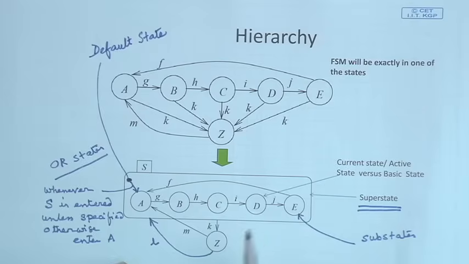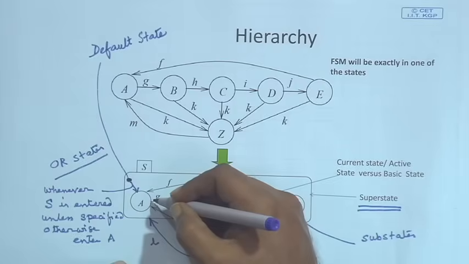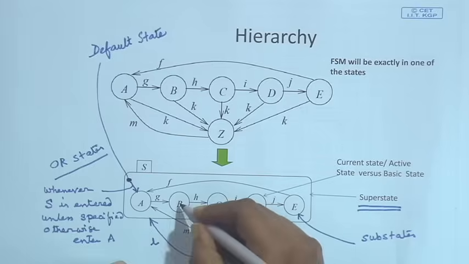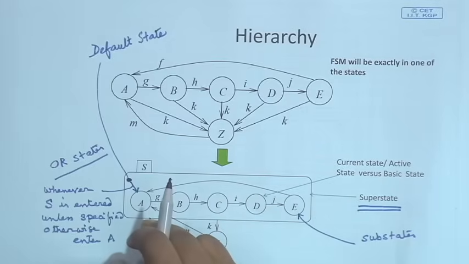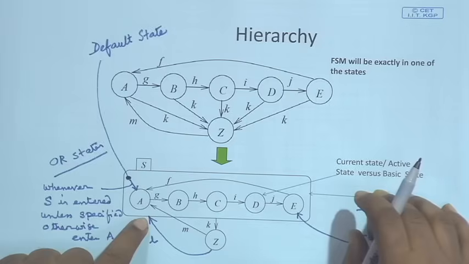Clear? So, here you please distinguish between these two: I can enter and specify directly that I will go back to this state or this state or this state, or I can simply come to the superstate entry point and say that I am entering somewhere in the superstate. I am not interested in specifying that.